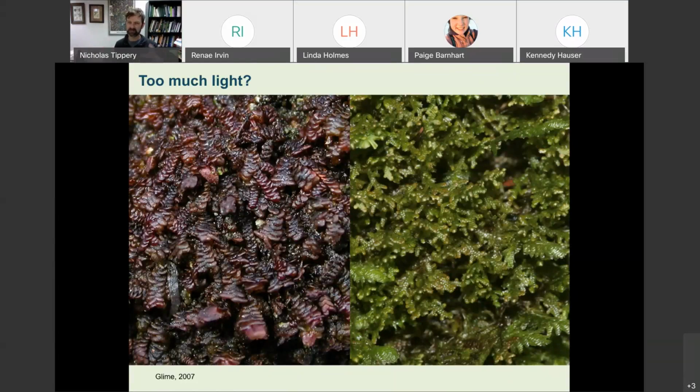And sometimes some dangerous reactive oxidative molecules are formed. And these antioxidant pigments can protect against that. So these are two kinds of mosses grown in high light and low light. So sometimes there's a nice correlation of plants that are definitely getting too much light, making themselves more pigmented as a response. So this is one response.